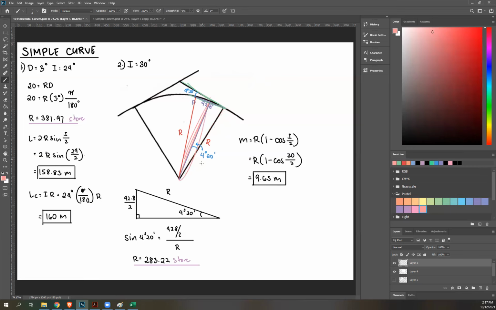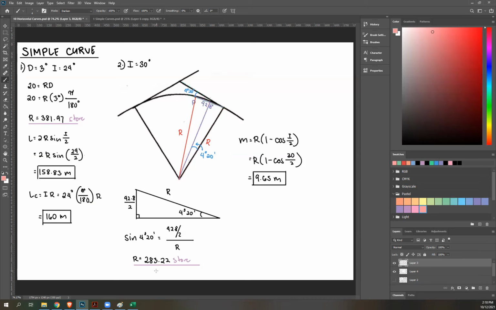And then this line is perpendicular to this chord, because of your angle bisector theorem for circles. If a line passes through the center of the circle and bisects a chord, that line is also perpendicular to that chord. So this and this are perpendicular to this and this, therefore the angle between them is the same. 4°20', this also 4°20'. Okay, does that explain why they are equal?